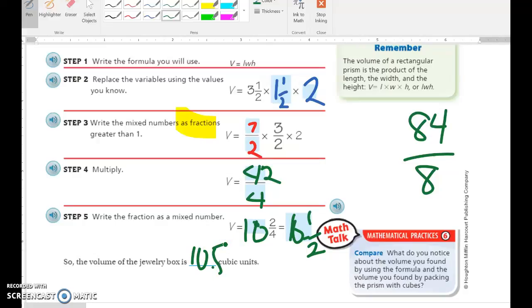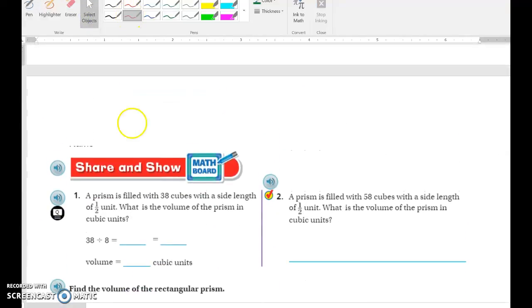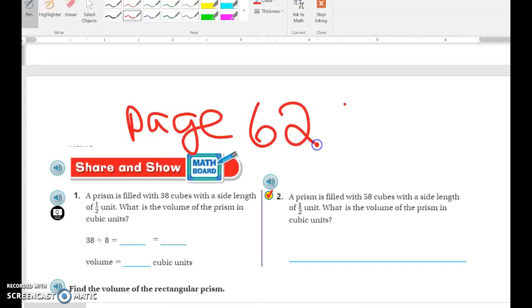So the big idea here is that length times width times height is the same as the cubic unit method. Okay. If you want to do page 625 problems without the assistance of this video, turn the video off right now and do the page 625 problems without the assistance of this video. If you would like the assistance, I'll continue.